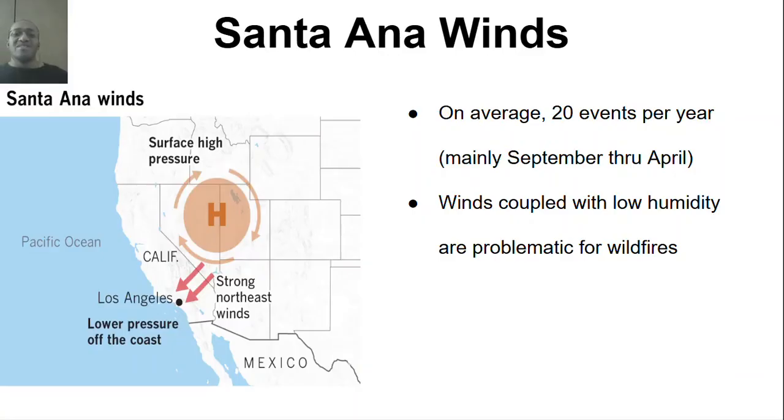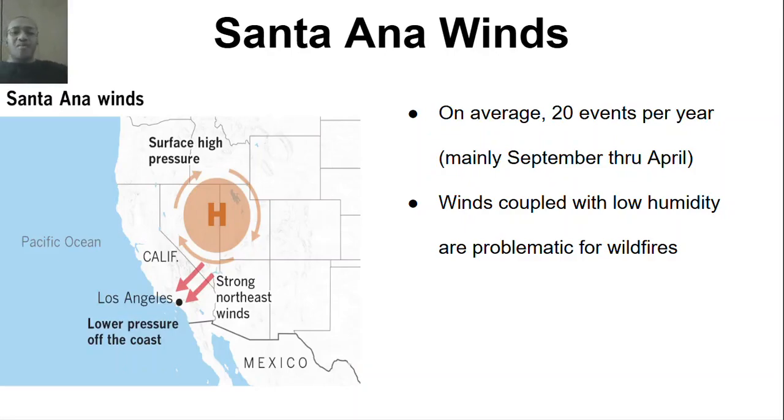And typically, with a high pressure system, you have strong northerly winds that are already dry, and so as they move down they warm up and descend towards the eastern side at high speeds.